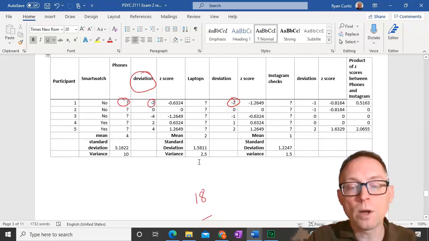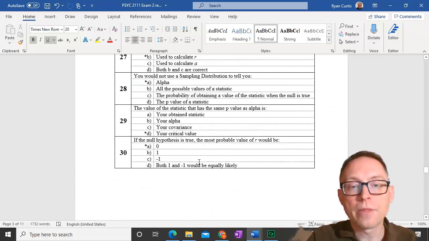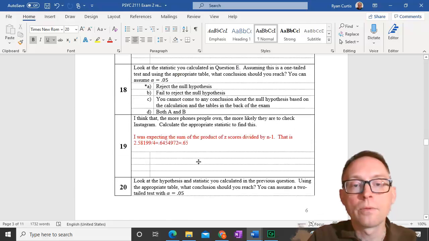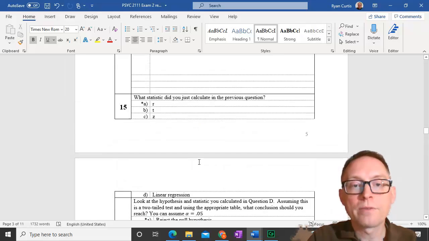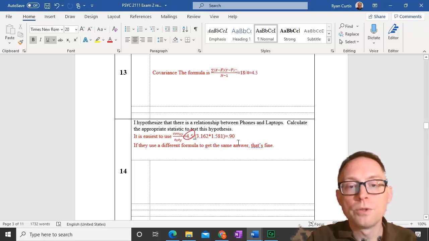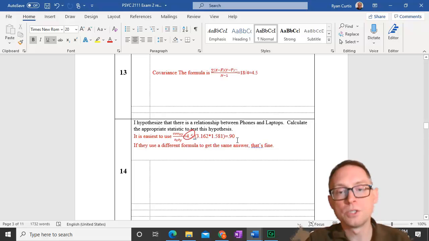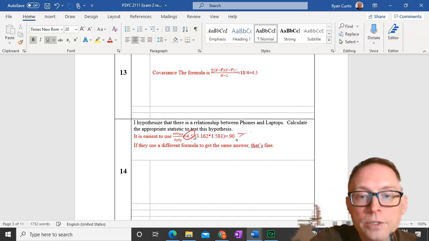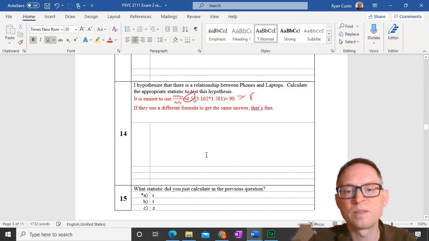We multiply those together and take 4.5 divided by that product. So 4.5 divided by 3.162 times 1.581, and you get 0.90. 0.90 is Pearson's R.